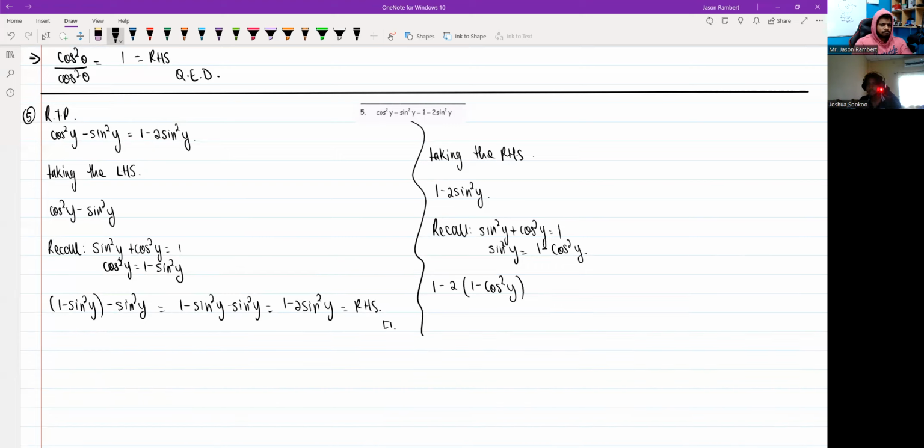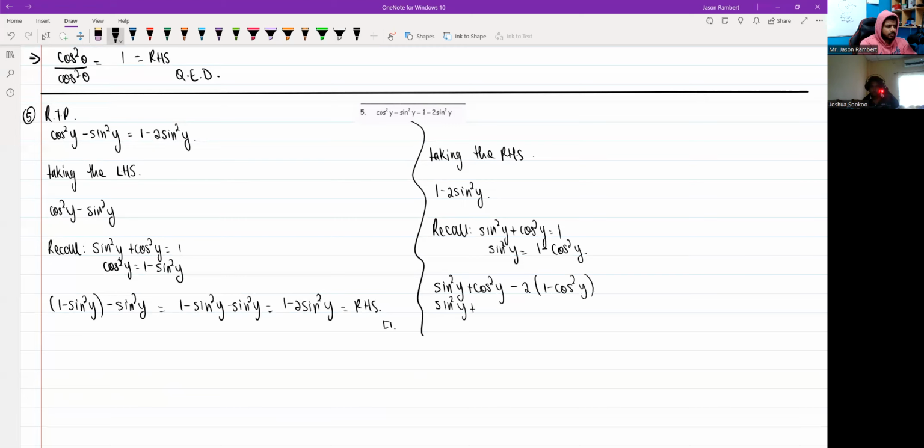We could say that 1 is equal to cosine squared y plus sine squared y. Very good. I'll make a substitution for this one here. It doesn't matter which one you make it for. This one by itself, so I'll make the substitution for that one. So instead of having that, I'll have 1, which is sine squared y plus cosine squared y, minus 2 sine squared y, which is 1 minus cosine squared y.